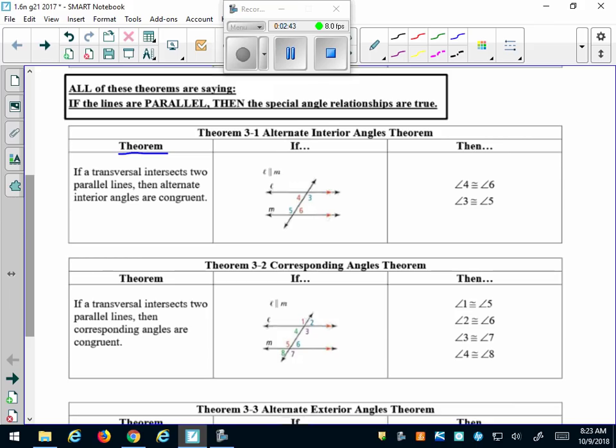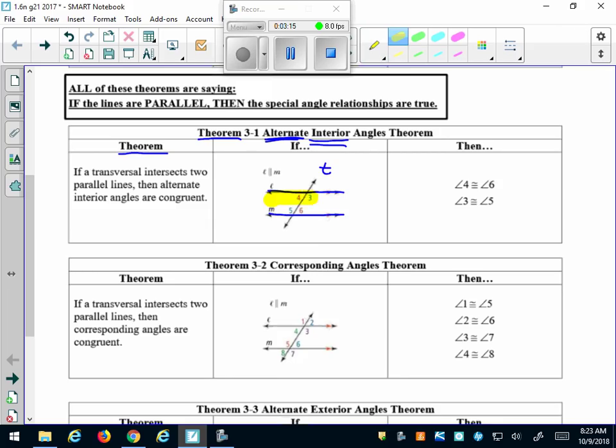The next statement we have is actually a theorem, and it's called the alternate interior angles theorem. It says if the lines are parallel again, then angles that are on alternating sides of the transversal. So the other one was same side. This is alternating sides. Interior refers to between the parallel lines.